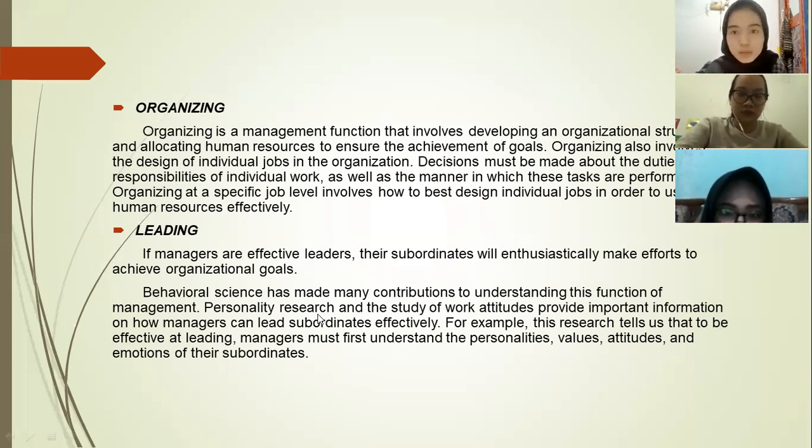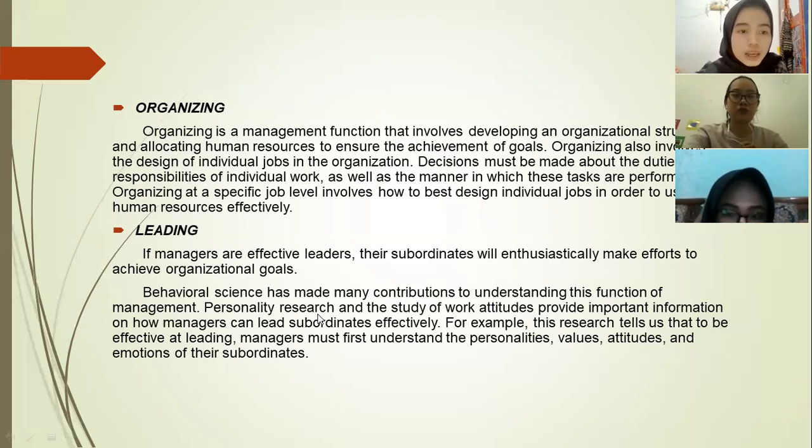Decisions must be made about the duties and responsibilities of individual work, as well as the manner in which these tasks are performed. Organizing at a specific job level involves how to best design individual jobs in order to use human resources effectively.